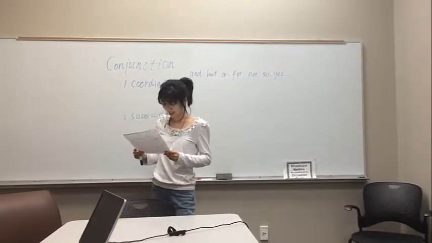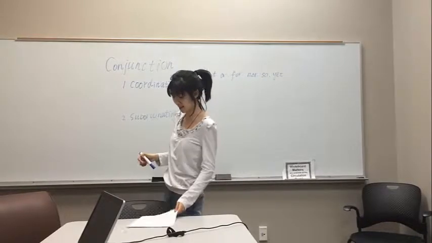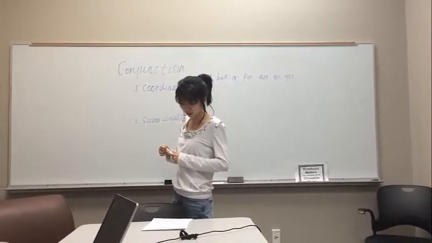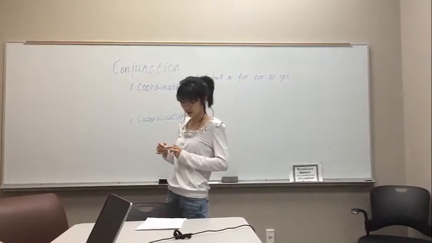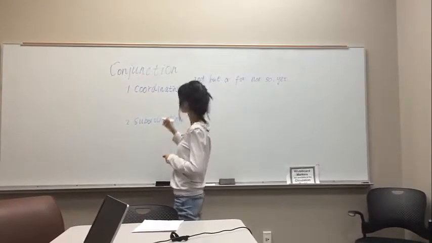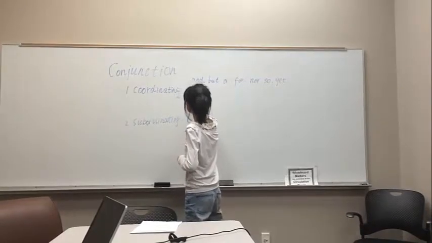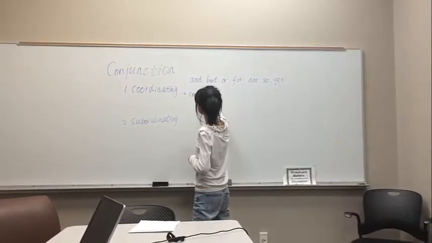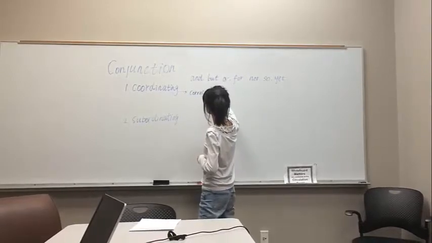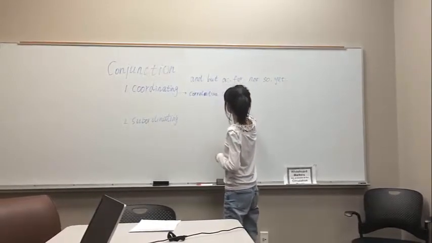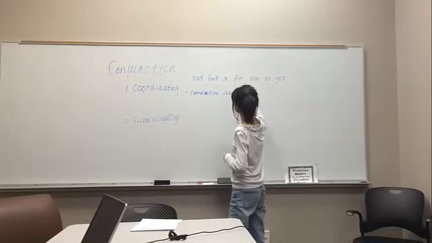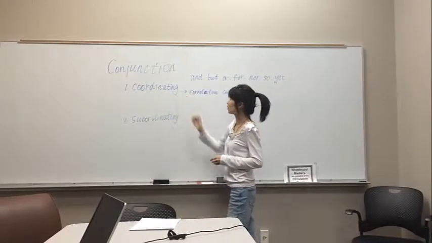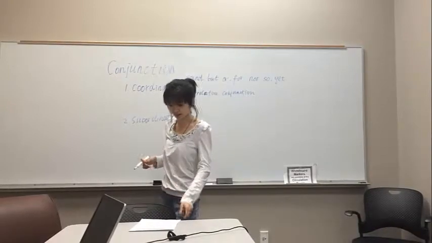Coordinating conjunctions can include correlative conjunctions. Correlative conjunctions work in pairs to join words and groups of words of equal weight in sentences. So it also belongs to coordinating conjunctions.